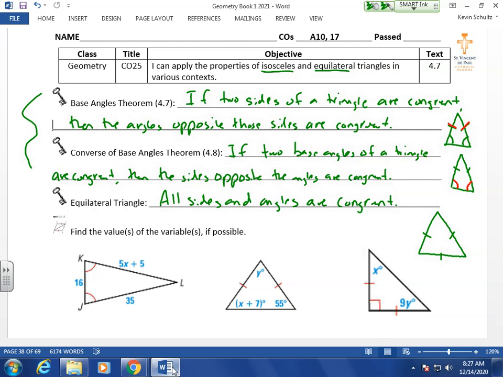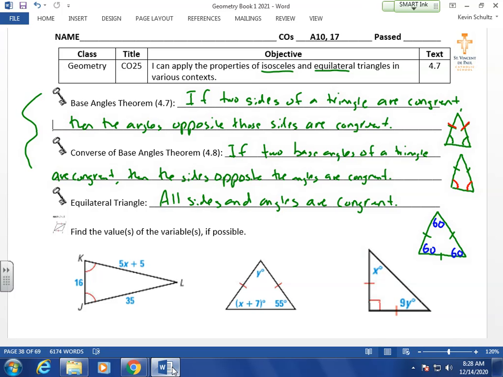But remember that, since we have to have a total of 180, they all have to be 60. 60 degrees here, 60 degrees there, and 60 degrees there. The side lengths can vary because you can have triangles of different sizes, right? But as far as the angles go, the angles are congruent. They all have to be 60 in an equilateral triangle, right?